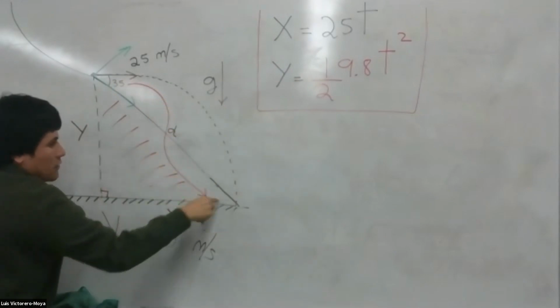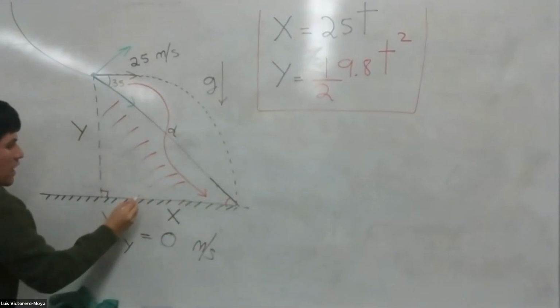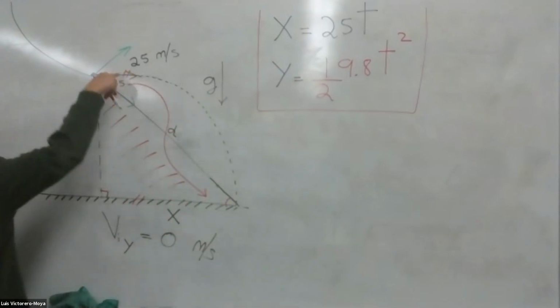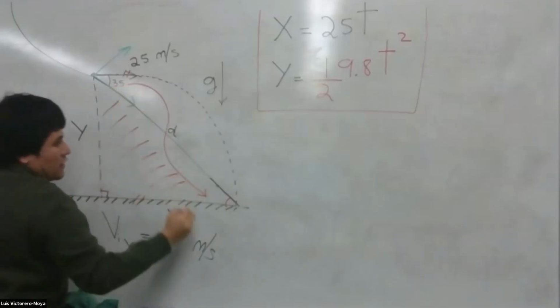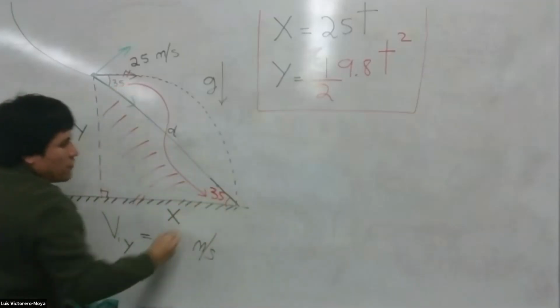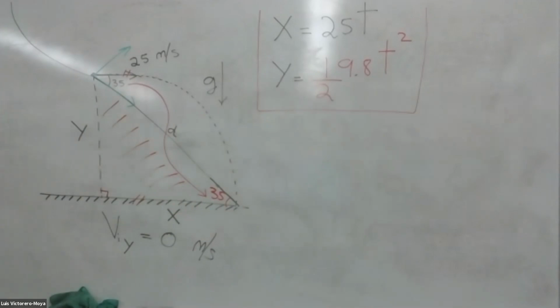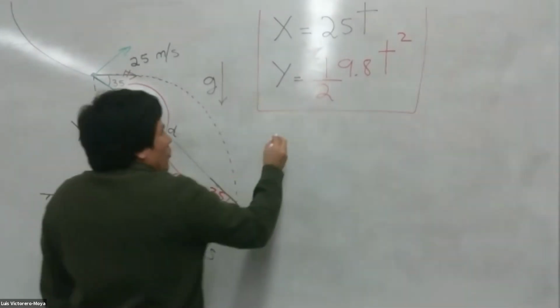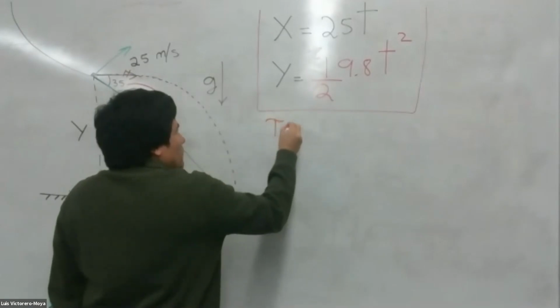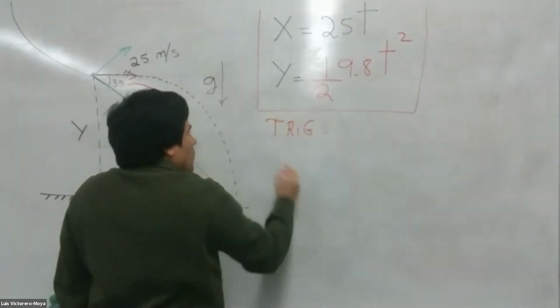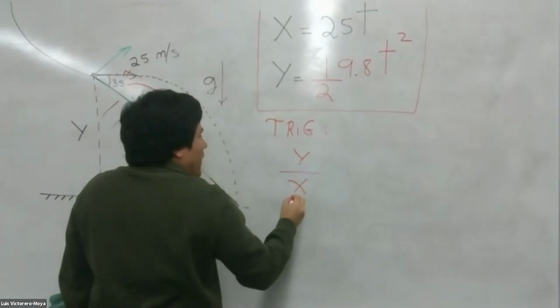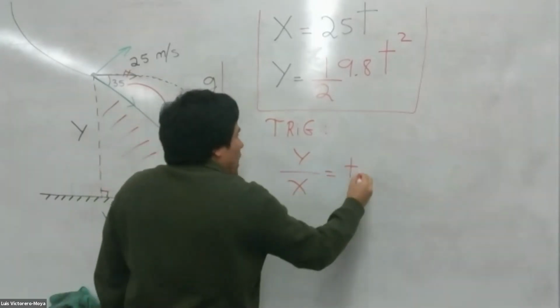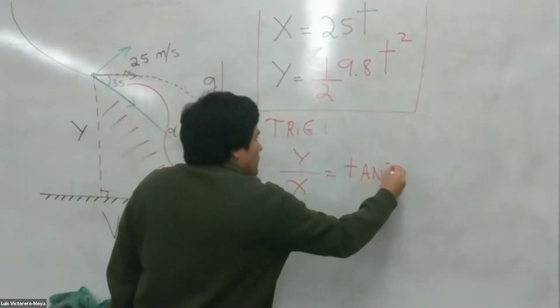What's the angle here? This line is parallel to this line. Alternate interior angles gives me this to be 35. So what's the relation between y and x? From trigonometry, y divided by x equals the tangent of 35.